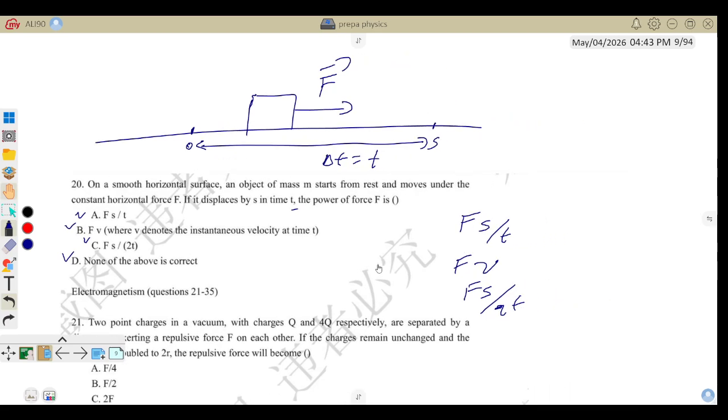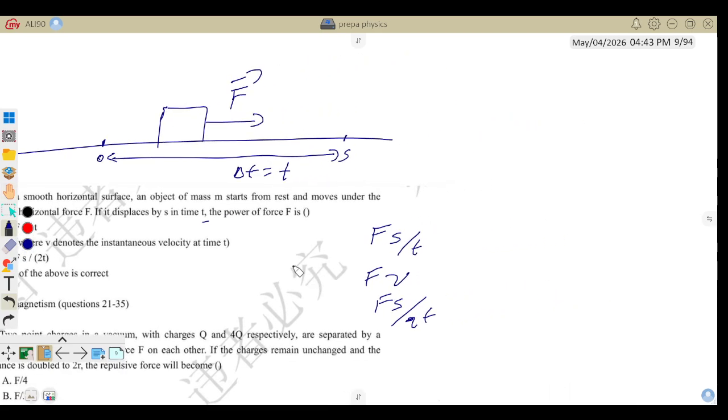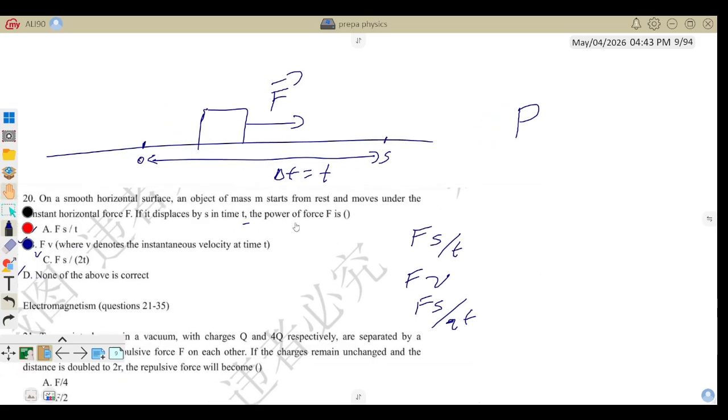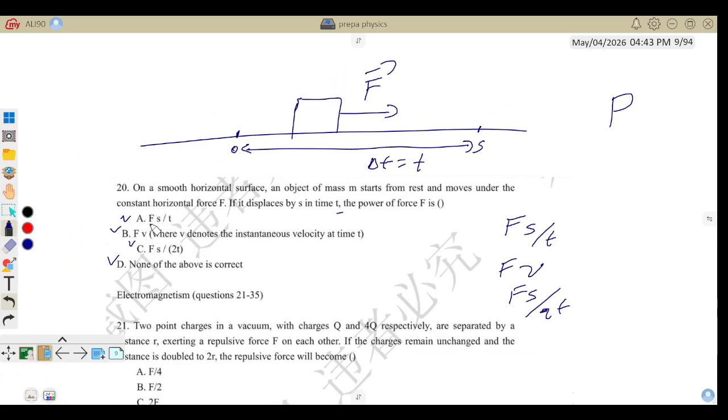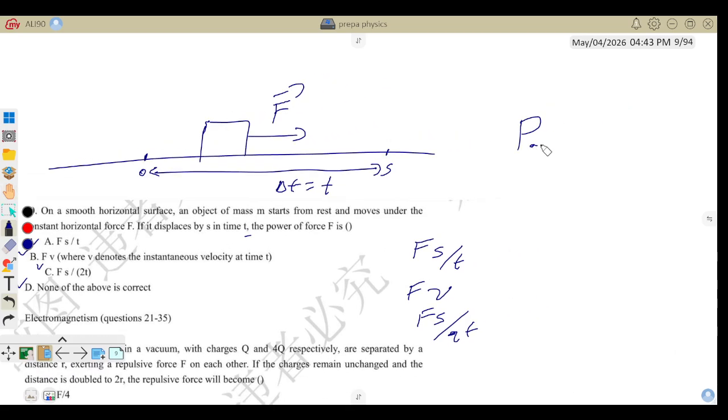So let's make this clear in detail. What do we have as a power? We have two expressions for the power. Either they want us to know the average power or the instantaneous power, but because it's not specified here in our case, we're going to work with the average one. What is the average power?